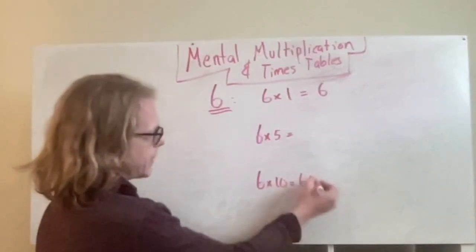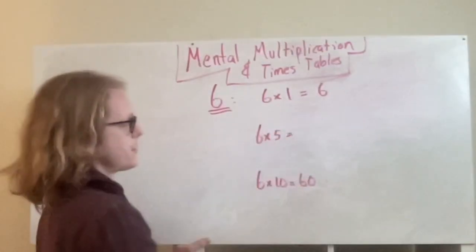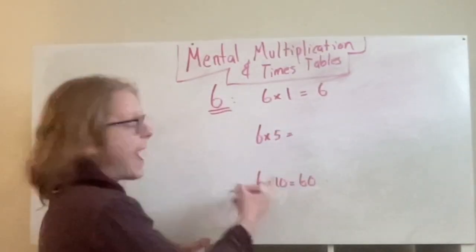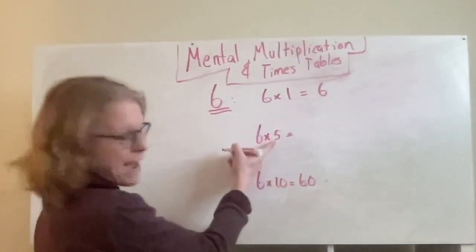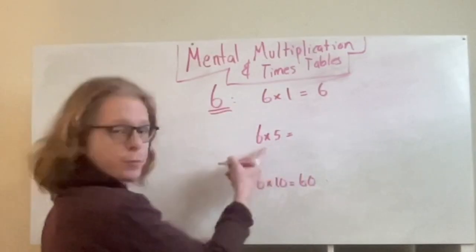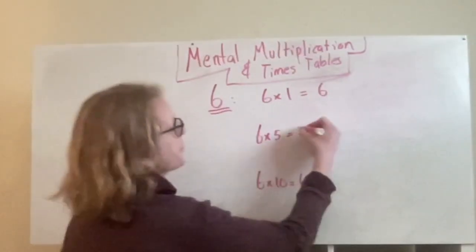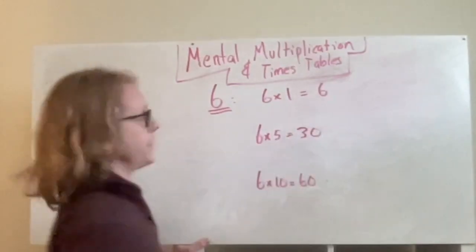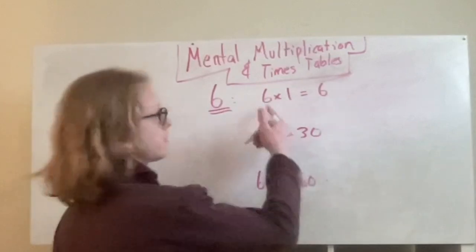What's the relationship between my 10 times tables and my 5 times tables? My 5 times tables is half of my 10, and that makes sense because 5 is half of 10. Instead of 10 groups of 6, I have 5 groups of 6, so this is 30.